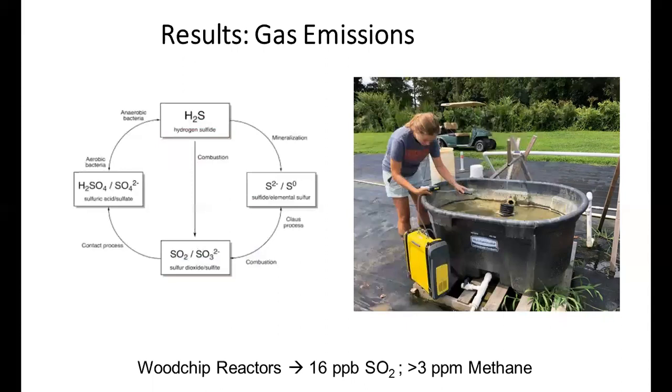Results found that the woodchip zeolite tanks were emitting 16 parts per billion sulfur dioxide, which is a byproduct of hydrogen sulfide, and also that the woodchip bioreactor tanks were emitting 50% more methane than treatment C and Z.